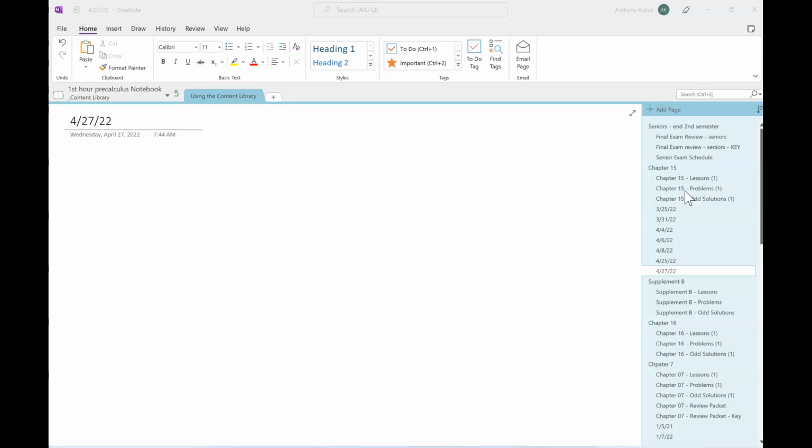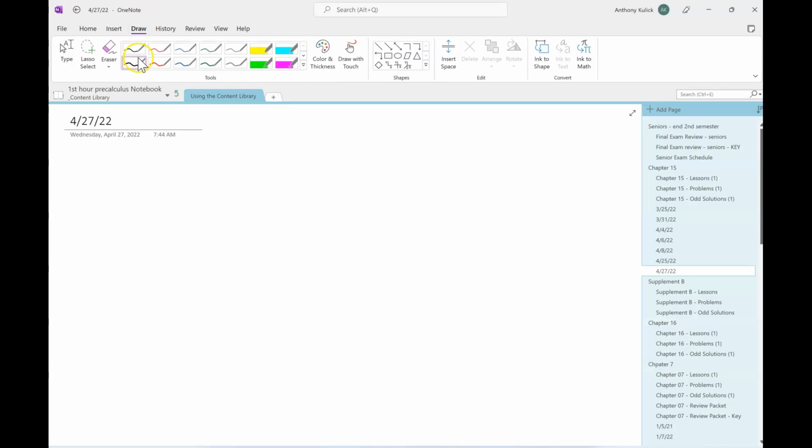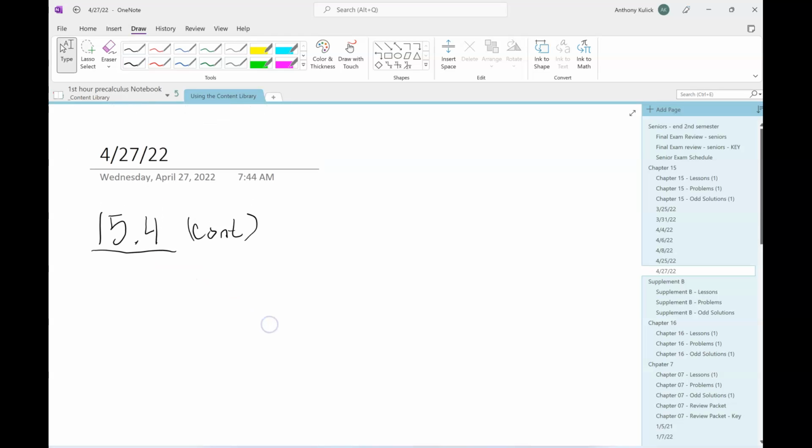Let's pick up where we left off in section 15.4, which is what we've been working on. In section 15.4, we talked about solving exponential and logarithmic equations, and we did some techniques therein.